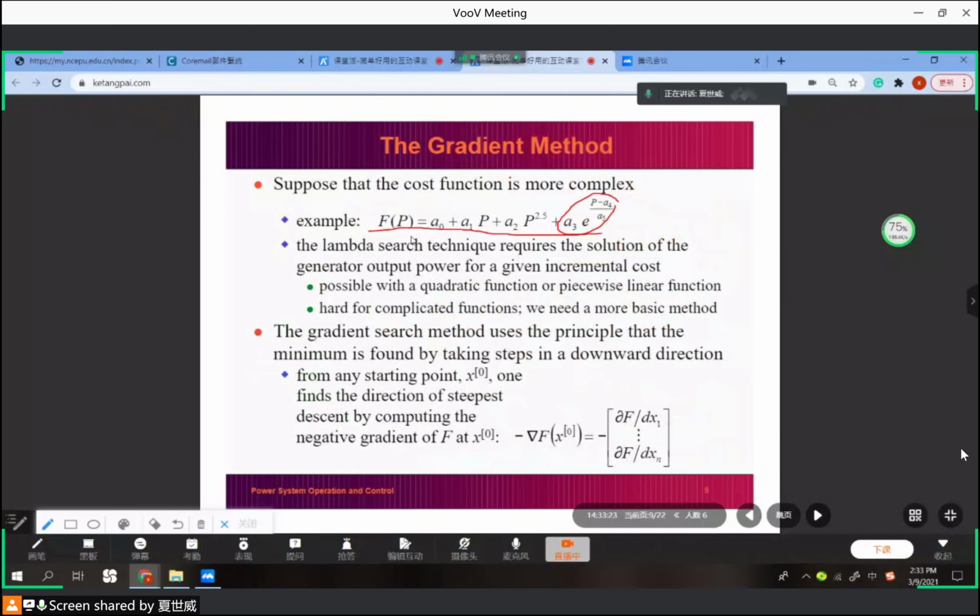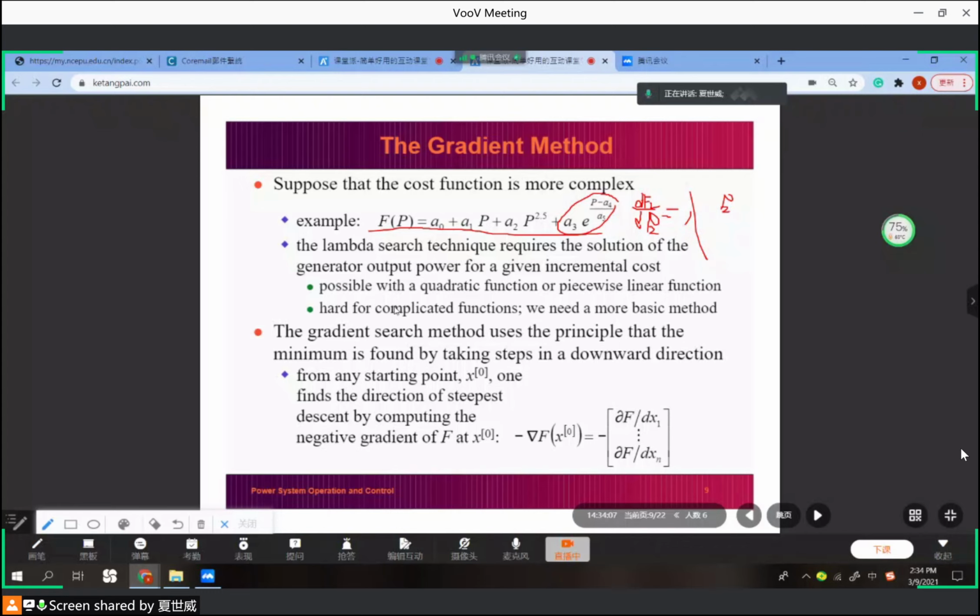That means if you have this function, it's very difficult to find this. For example, this may be P2. If you have this function, the first order derivative of this is also very complicated. It's not easy to get the value of P2 based on these equations. So the lambda iteration technique requires solving for the generated output power for a given incremental cost.